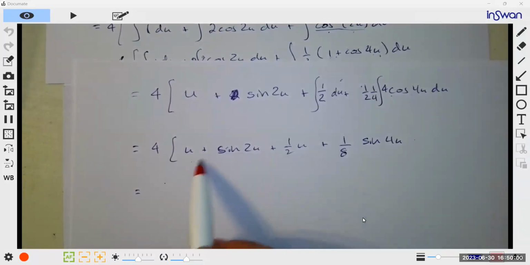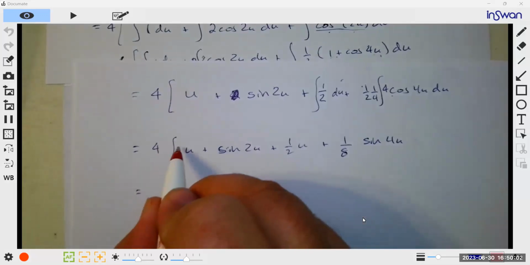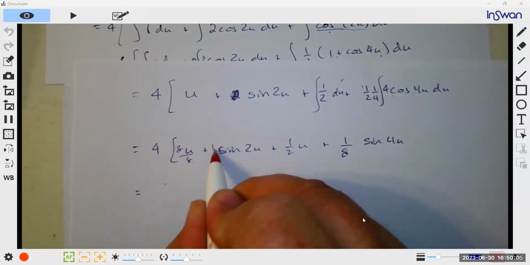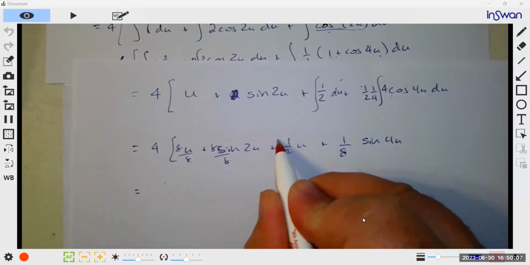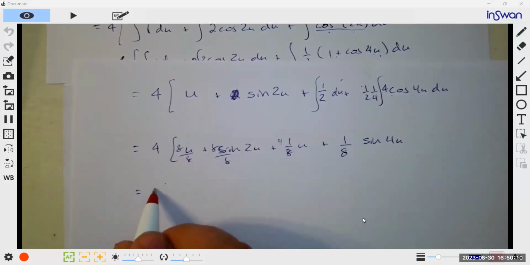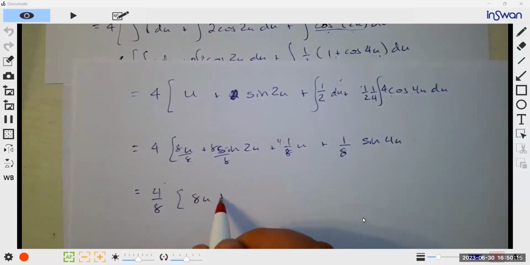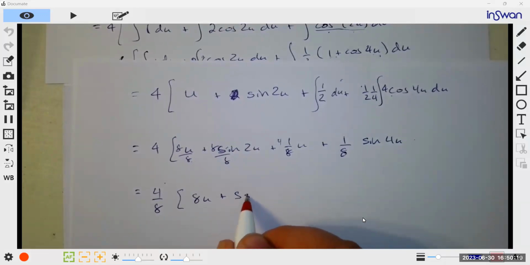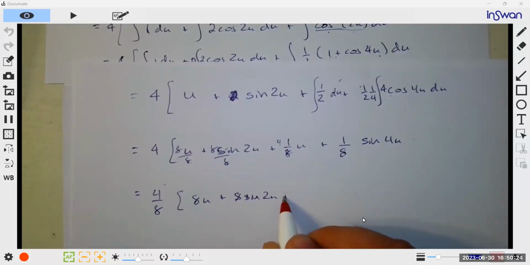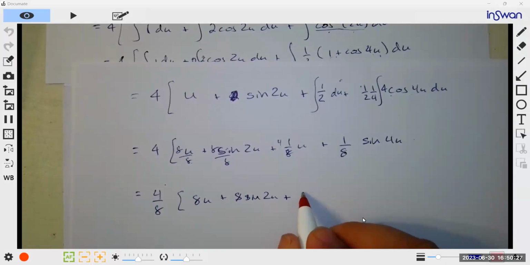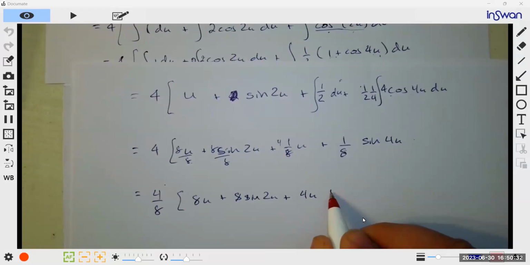If we get everything in the same denominator, we take out the 1/8. So this has to be 8/8, or make that 8. So we take out the 8, leaving us with 8u plus 8 sine 2u plus 4u plus sine 4u.